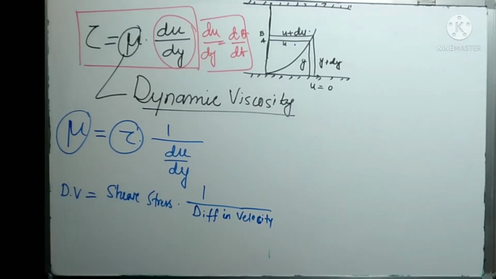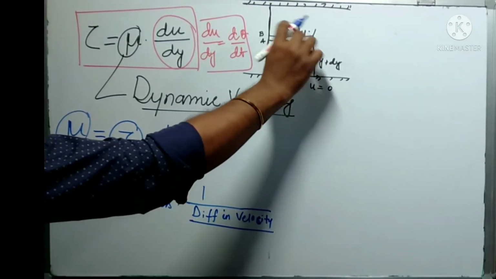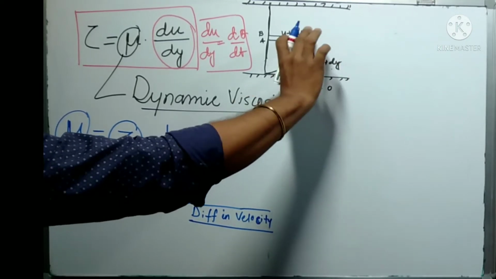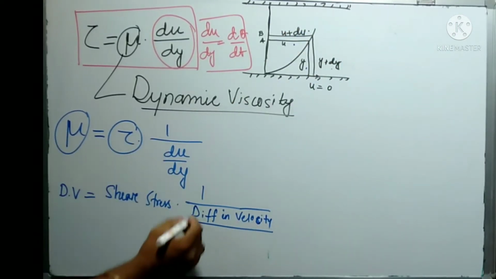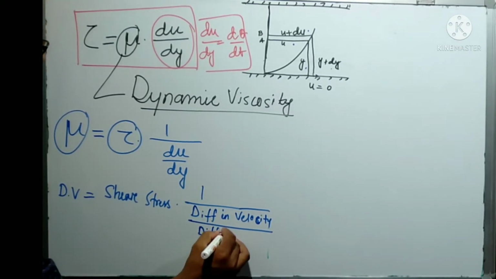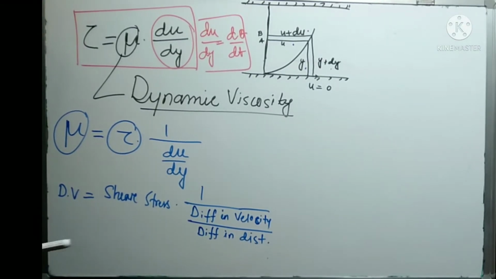And what is del y? Del y is the difference between y and y plus del y. This is the distance between two adjacent layers. So, del y is the difference in distance.